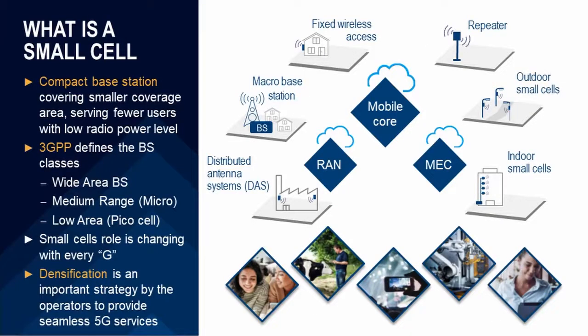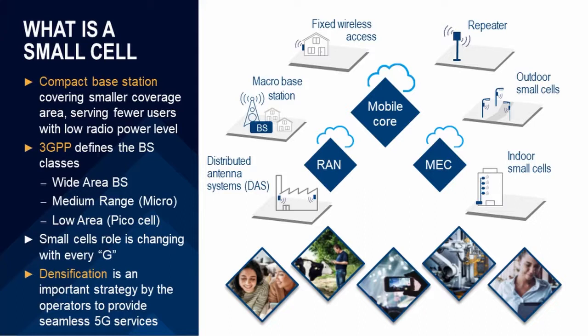So let's start with the definition of small cell. What is a small cell? Small cell is a compact base station covering smaller coverage area, serving fewer users and with smaller power. The industry also defines a small cell as everything which is not a macro and not using massive MIMO.